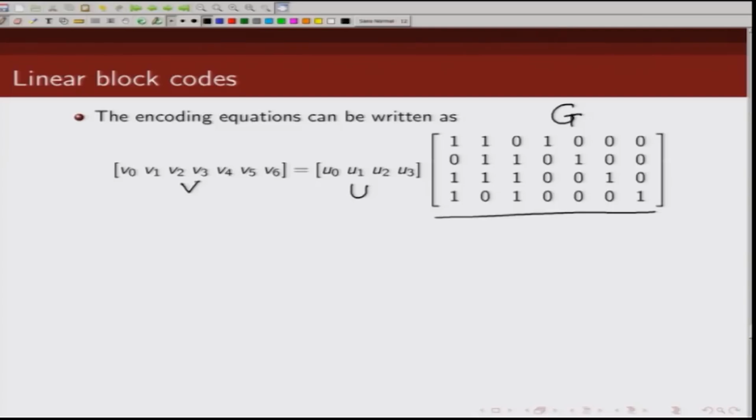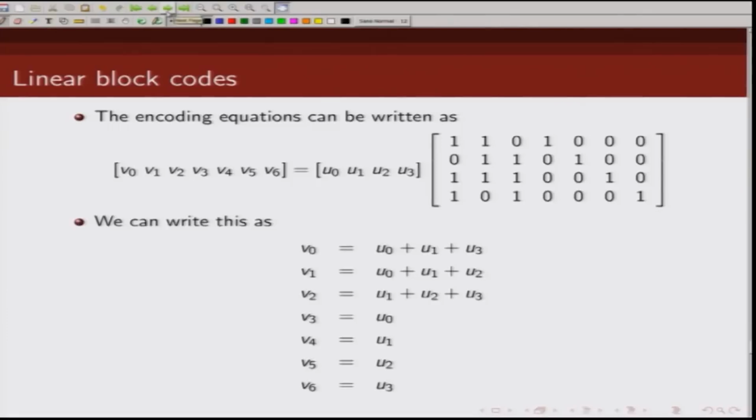So, I can write down the encoding equations. If I do that, you can see from this that V0 is U0 plus U2 plus U3. There is a typing mistake here, this should have been U2. So, V0 is U0 times 1 plus 0 times U1 plus 1 times U2 plus 1 times U3.